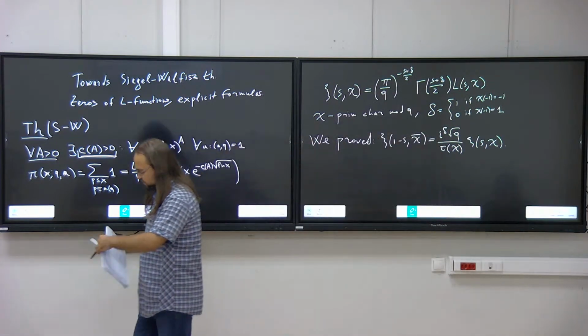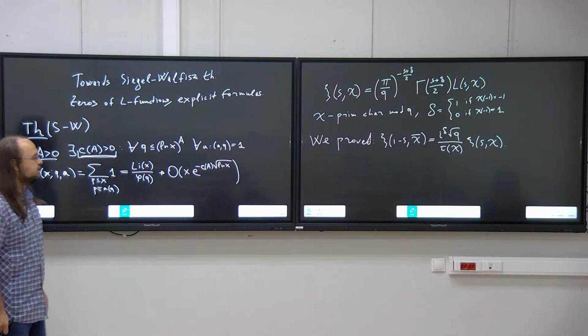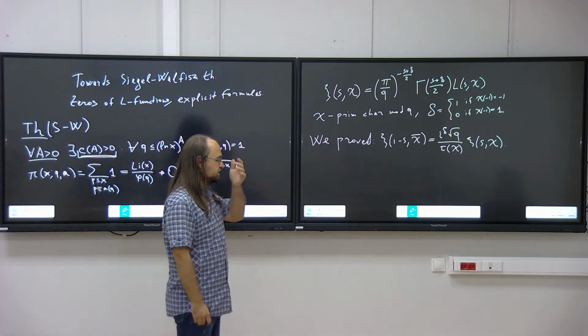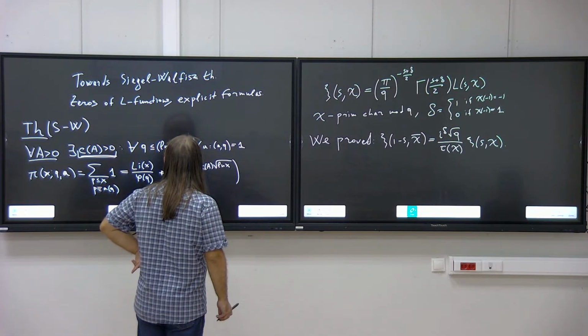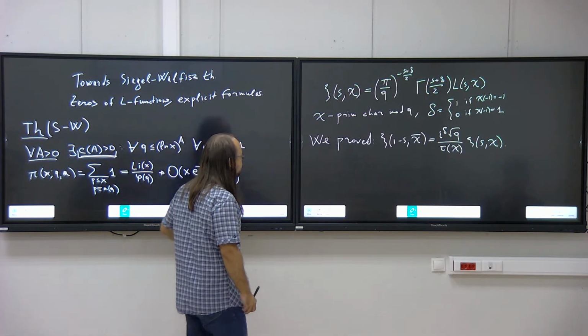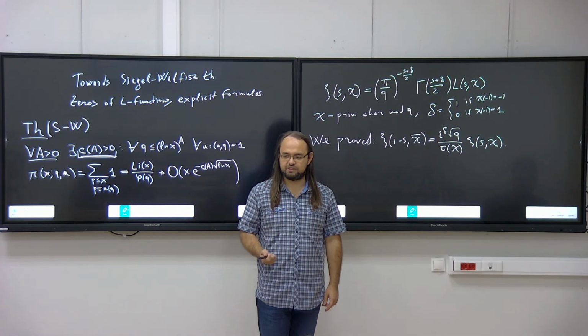And of course we are going to use this functional equation to establish some results on L functions. But first, how are we going to prove such results using zeros of L functions?